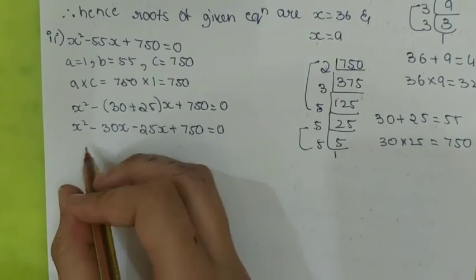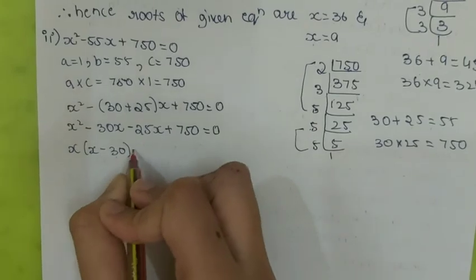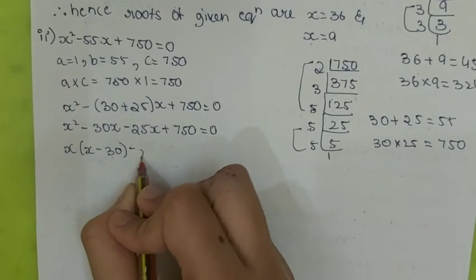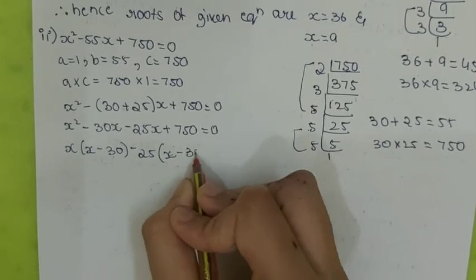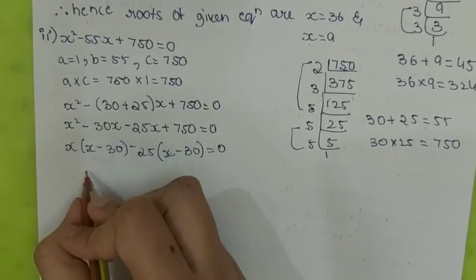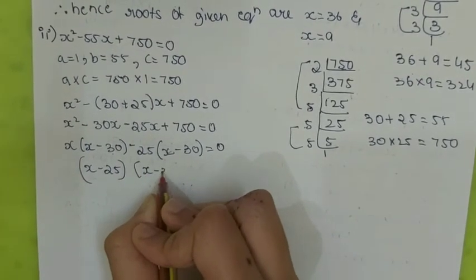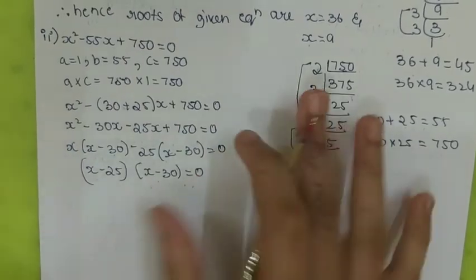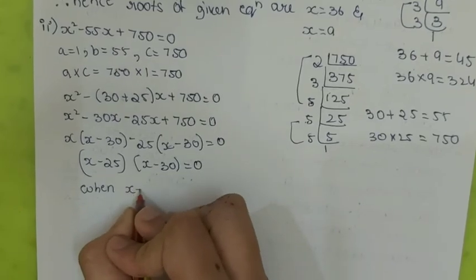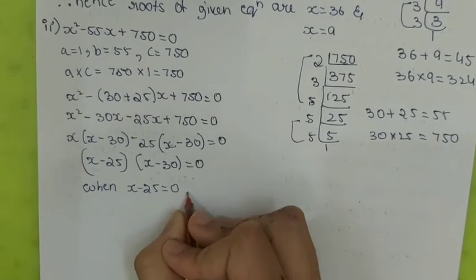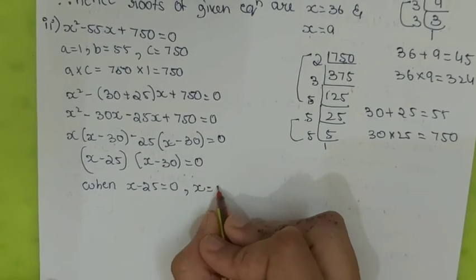Here the common is x, so x minus 30, and here minus 25 is common, so minus 25 into x minus 30 is equal to 0. So x minus 25 and x minus 30 is equal to 0. Now when x minus 25 is equal to 0, minus 25 on the other side becomes plus 25.